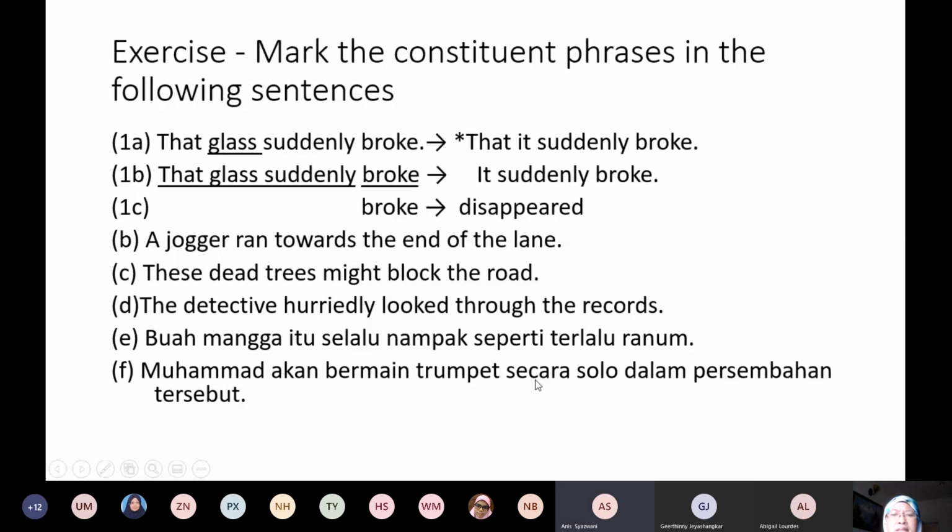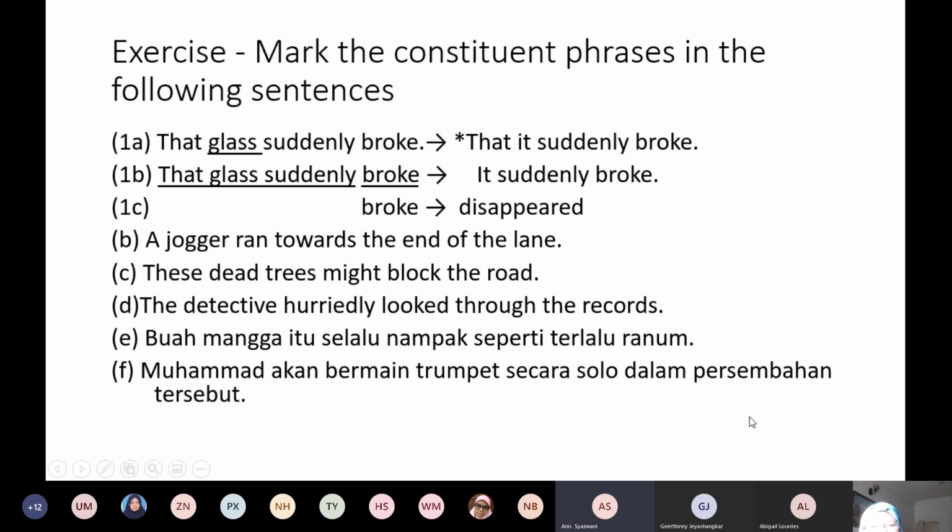Jadi konstituen dia mesti secara solo. Bermain macam mana? Secara solo kan? Walaupun dalam tu ada juga konstituen di mana secara solo ni menerangkan secara. And then prepositional tu lah, frasa preposisi dalam persembahan itu. Dan dalam tu pun ada frasa nama kan? Ya. Which is persembahan tersebut.